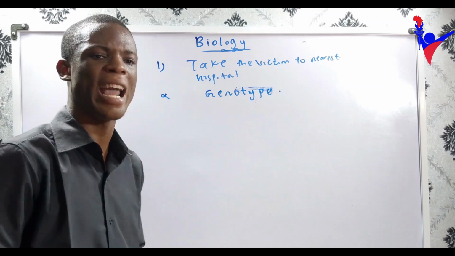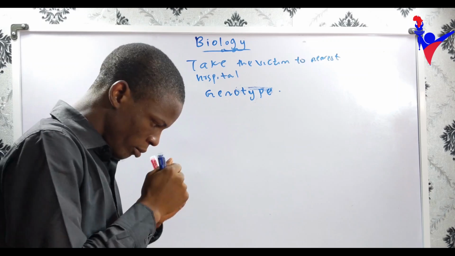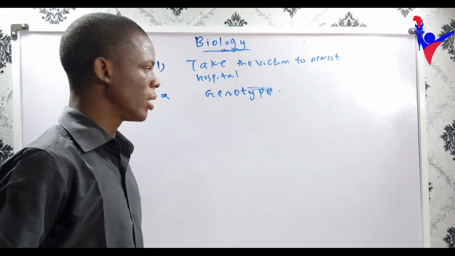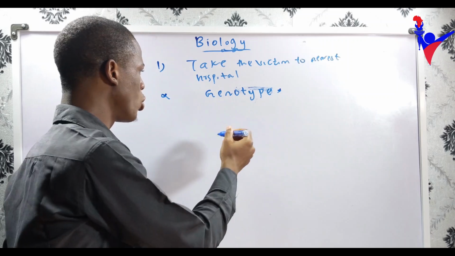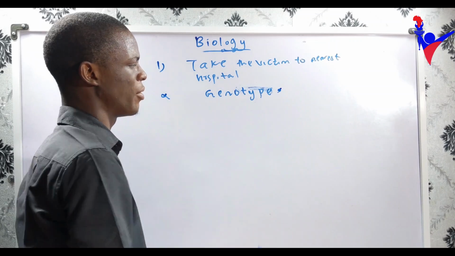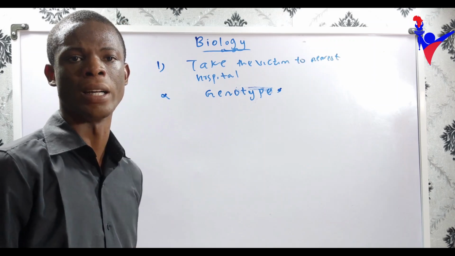After the genotype has been identified, the genotype gives us the blood group of the man.